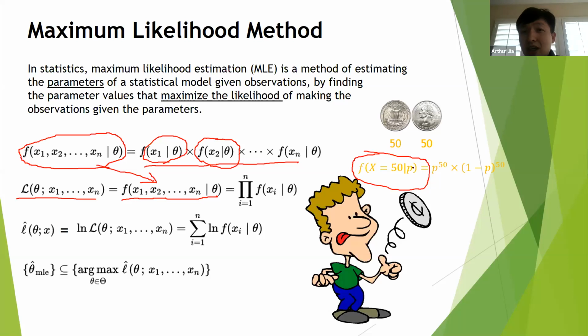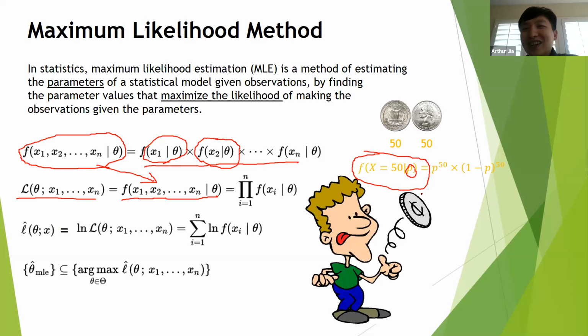So if we believe this experiment is following a binomial distribution, we're going to use this P here, right? The P represents the probability of being successful, which depends on the definition of success, right?